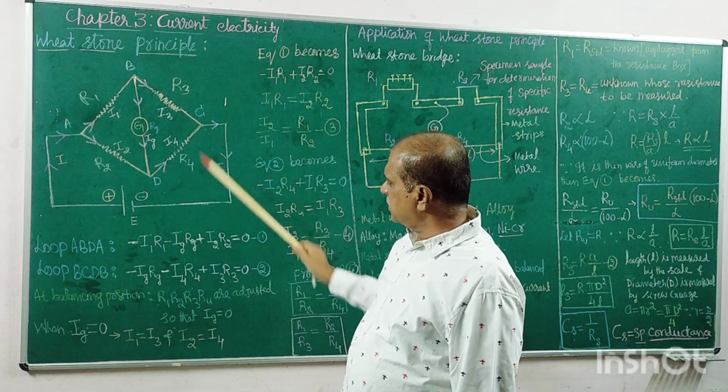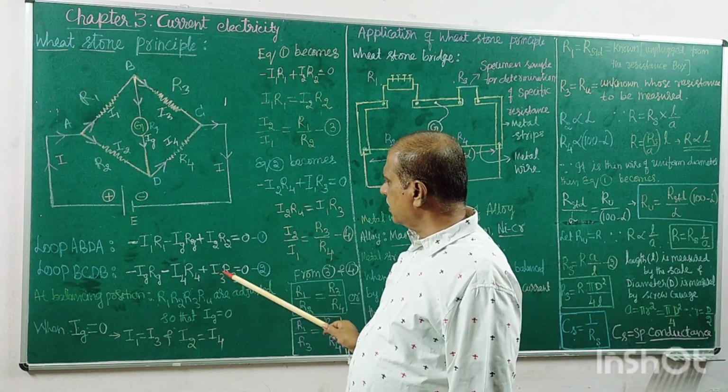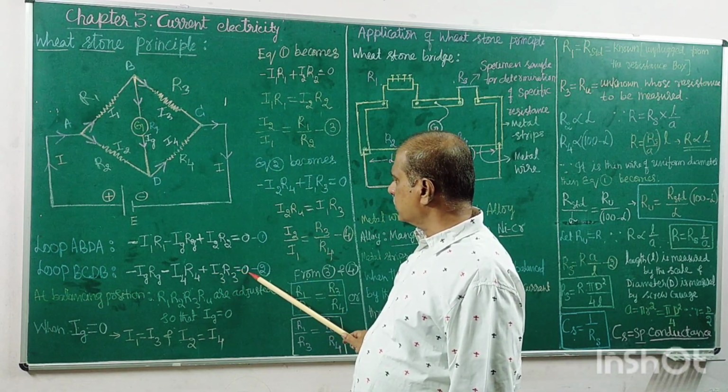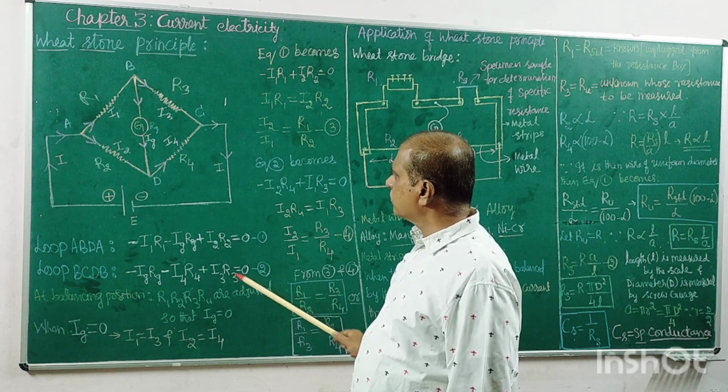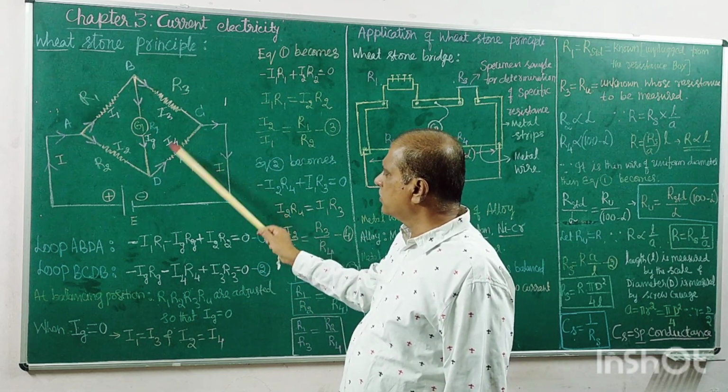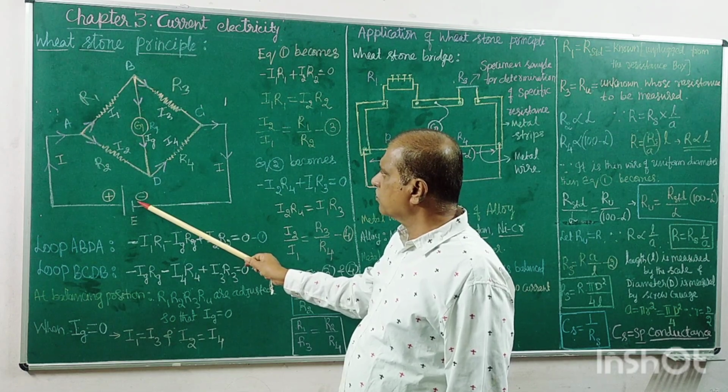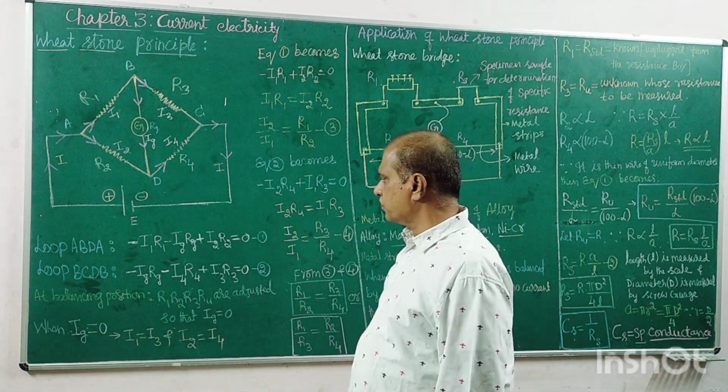The potential change is I3 R3, and the sum is equal to 0. So we get these two equations from this circuit with this source of potential. These are the two loops.